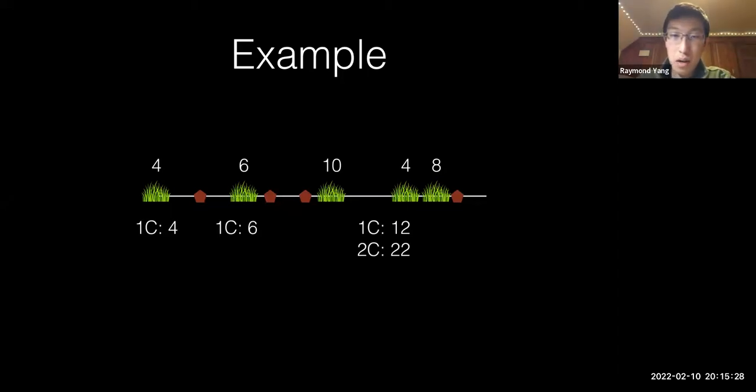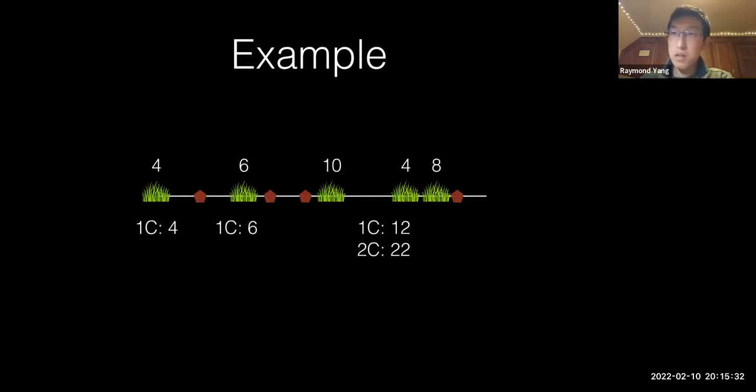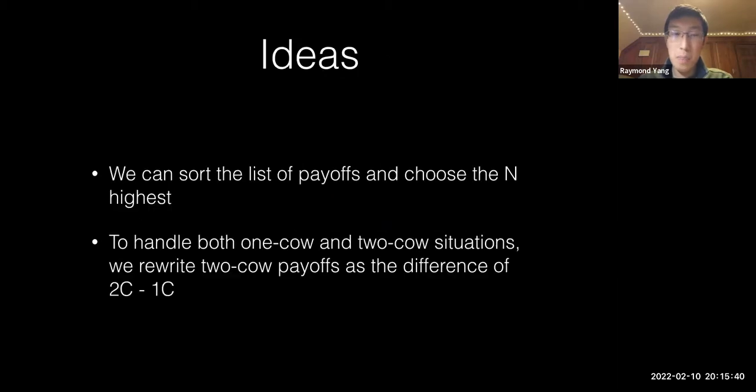So once we have these numbers, what we're trying to do is figure out what our total payoff will be if we have n cows. We can sort this list and just choose the n highest.